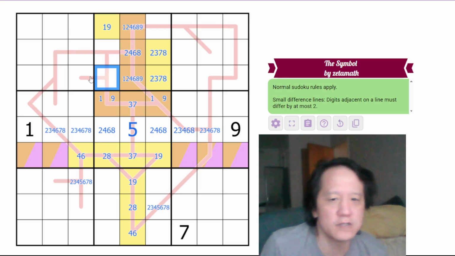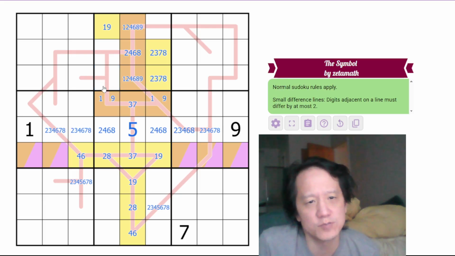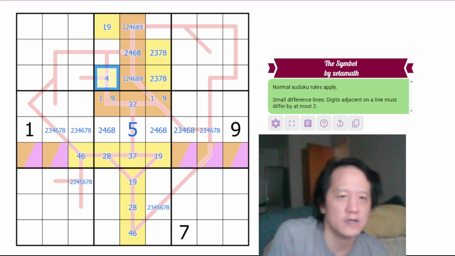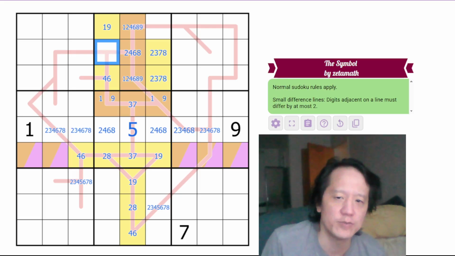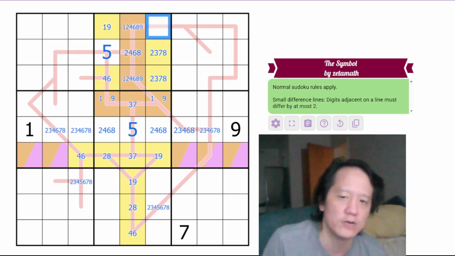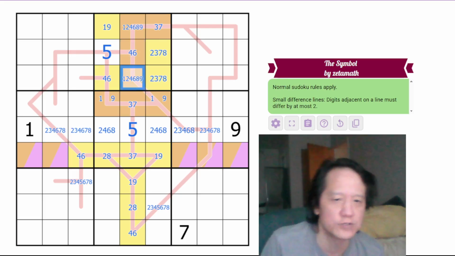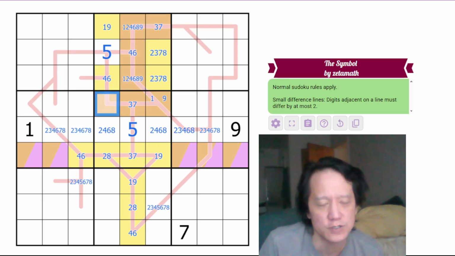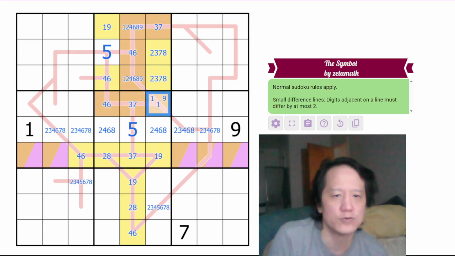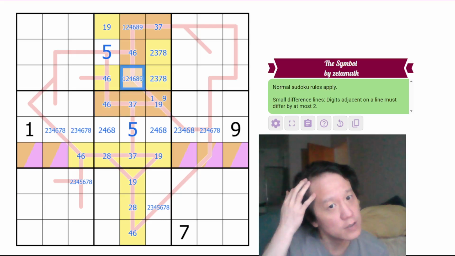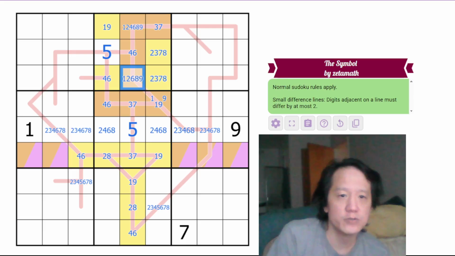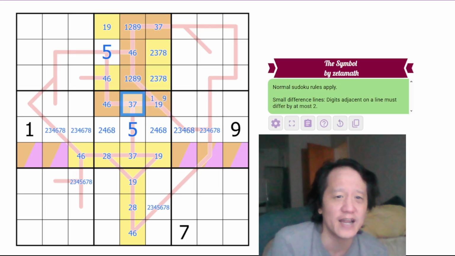So let's try that. Let's say this was yellow 4, 6, right? If this is yellow 4, 6, this would have to be a 5. This would have to be orange 3, 7. 5 could only be next to orange 4, 6. This would be orange 4, 6. This would have to be orange 1, 9. So this couldn't be orange 4, 6. So that seems fine.